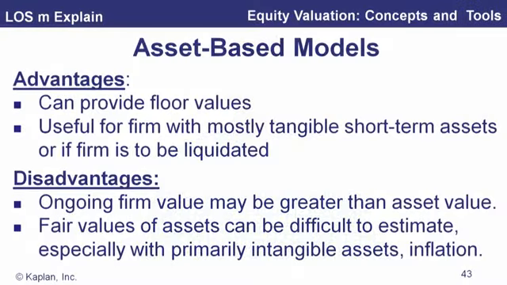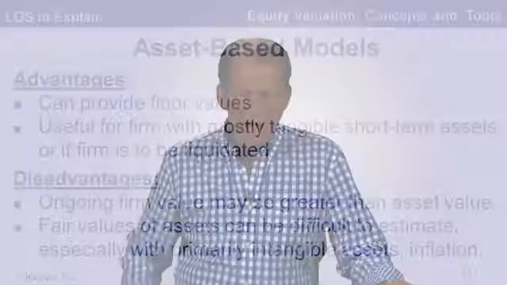Asset-based models can provide floor values, useful for a firm with mostly tangible short-term assets or if it's to be liquidated. I mentioned that it makes sense for a firm that's to be liquidated. What kind of firms have mostly tangible short-term assets? Well, financial firms. Financial firms have their assets typically short term.